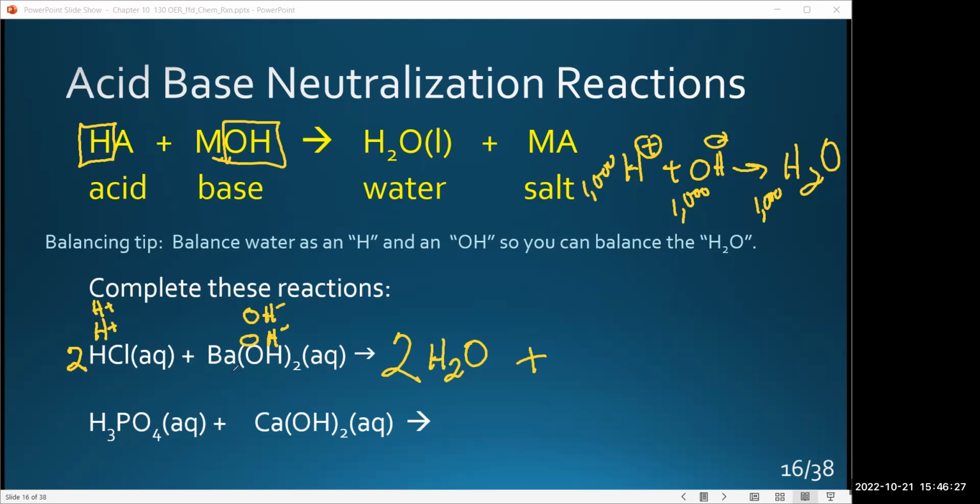Now I'm going to have to put together the salt, because remember, the salt comes from the metal and the non-metal. But before I put them together, I need to put them in ionic form like we did before. And we know that barium has a +2 charge. How do we know that? Barium is a group 2A element, 2 valence electrons. It's a metal. It's going to lose those 2 valence electrons, have a +2.